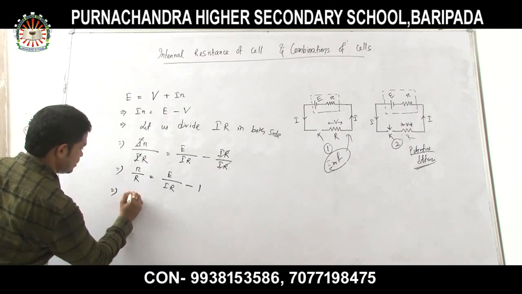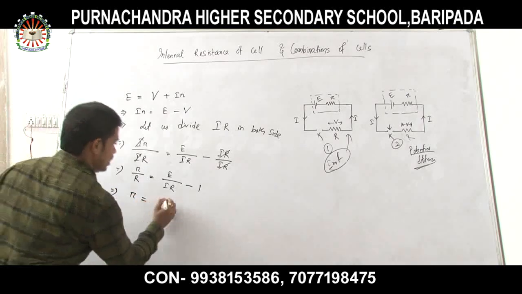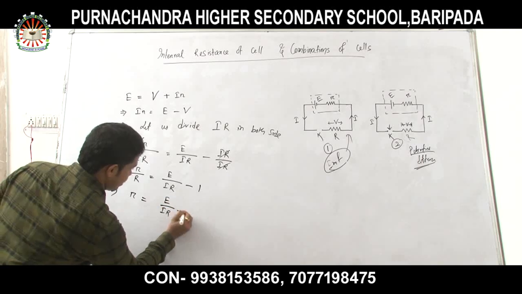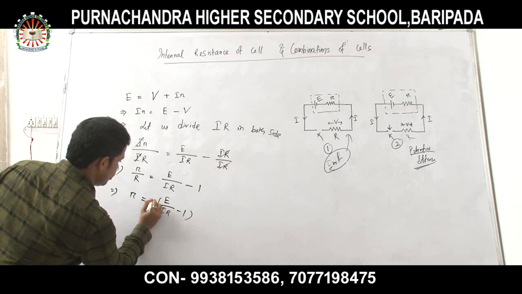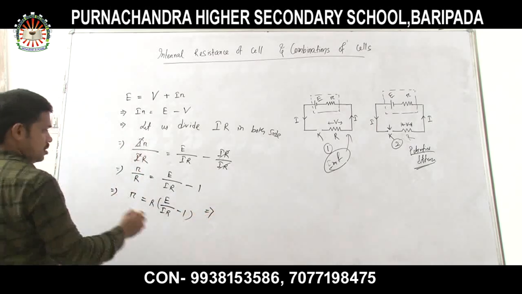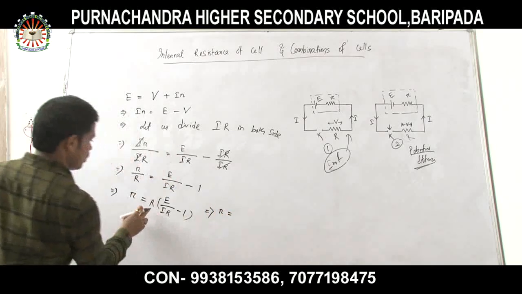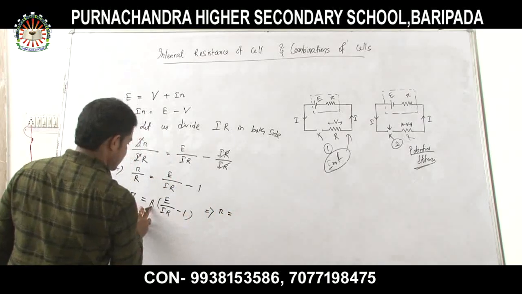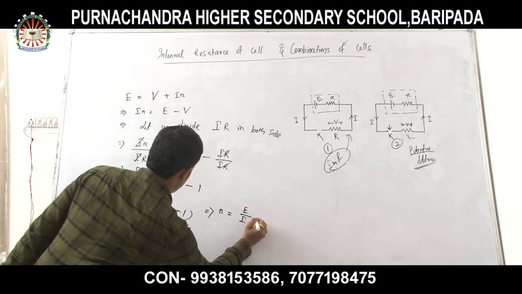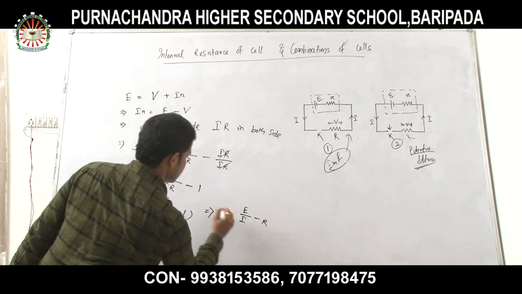Clear? So that implies now small r is equal to, what is? Now E divided by V minus 1 into R. Okay, so that implies, but very careful. So if I multiply it, then these are cancelled out. So what is left? Now E by I minus R.